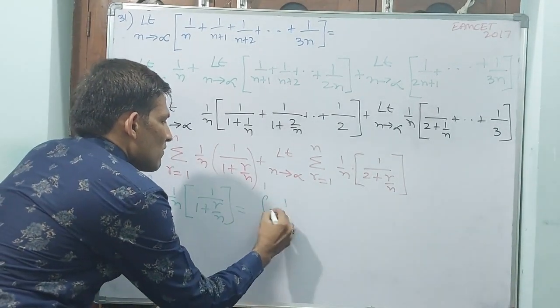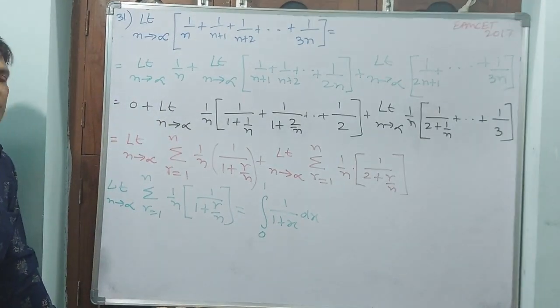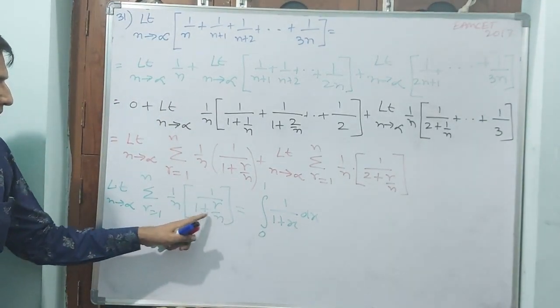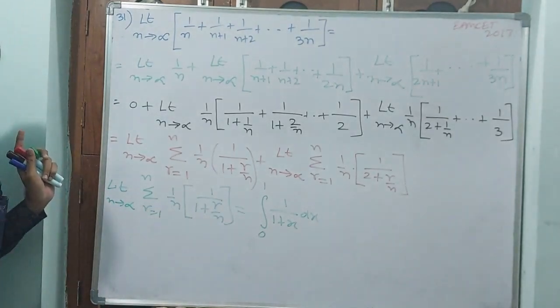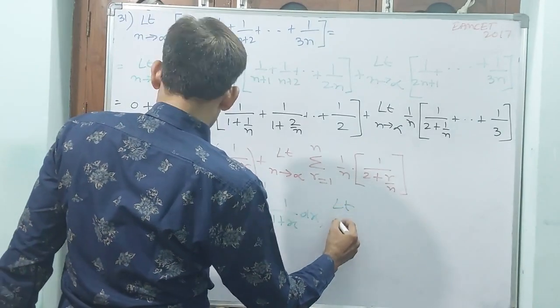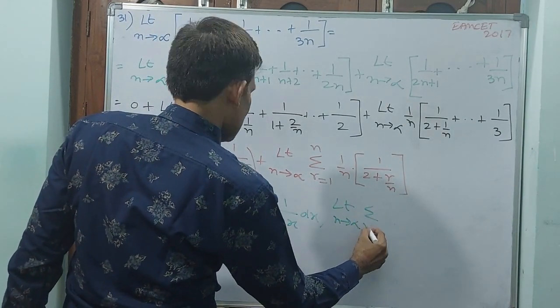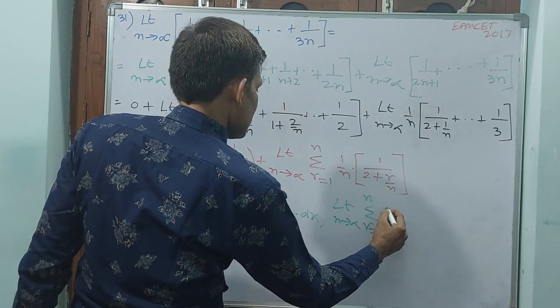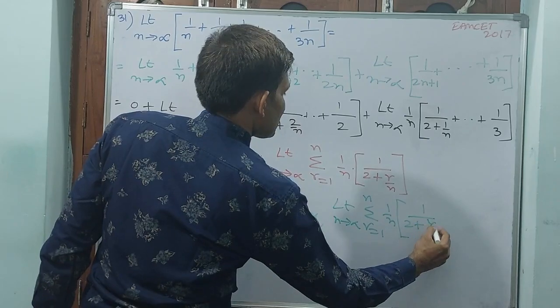Integral 0 to 1, 1 by 1 plus x dx, straight away. 1 by 1 plus x dx, integral 0 to 1, simply. Okay, see, then what about limit n tends to infinity, sigma r is equal to 1 to n, 1 by n, 1 by 2 plus r by n.